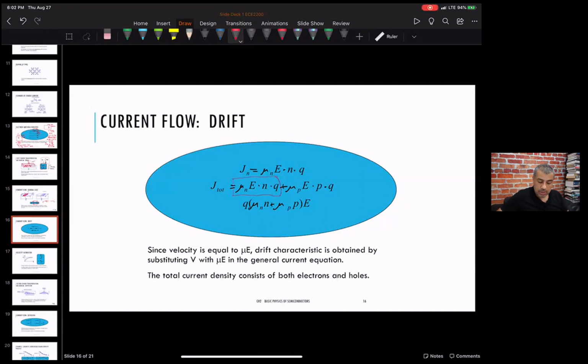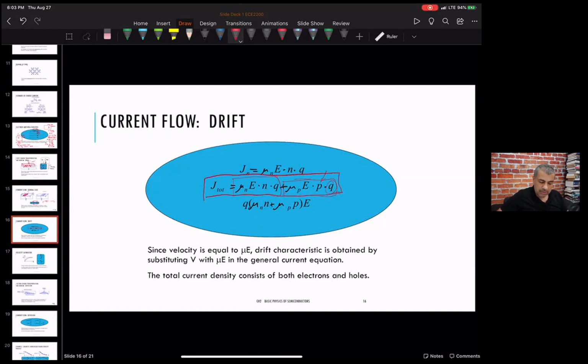And because of the holes, you also have this hole drift current, which is just the mobility of the holes times the electric field times the density of holes times the charge of an electron, which is the negative charge of a hole, I guess, is one way to look at it. So in total, this is your drift current density.